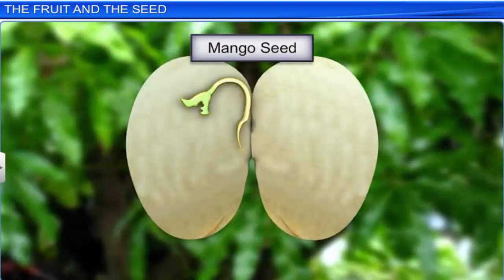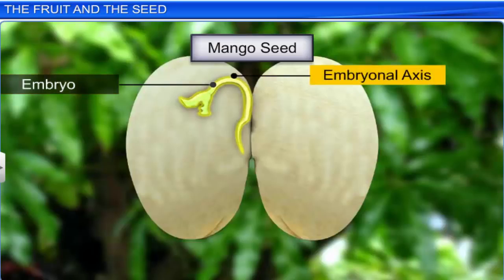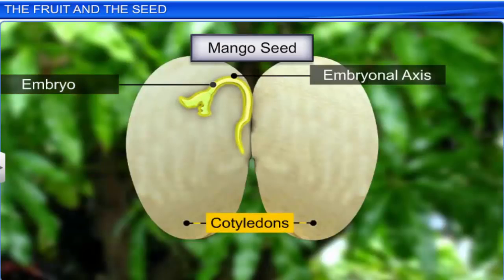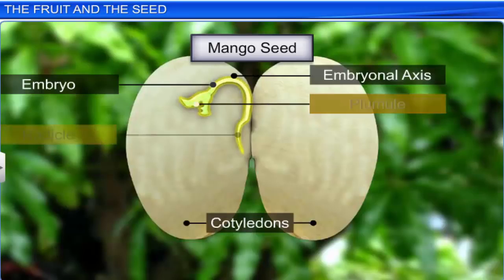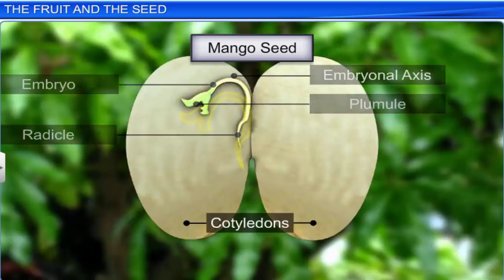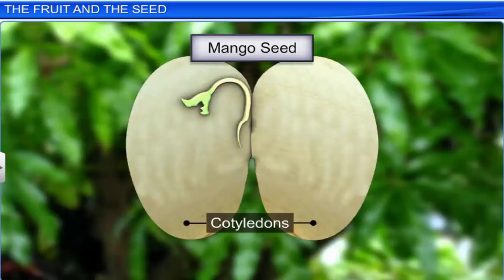Inside the seed coat lies the embryo, which comprises an embryonal axis and 2 cotyledons. At the 2 ends of the embryonal axis lie the plumule and the radicle. The cotyledons are often fleshy and store reserve food materials.